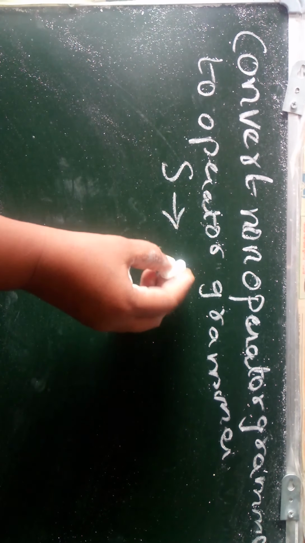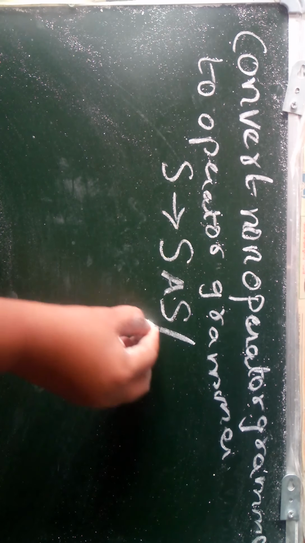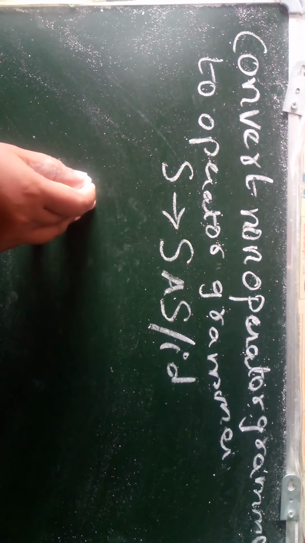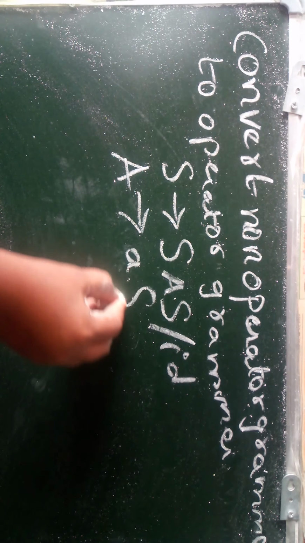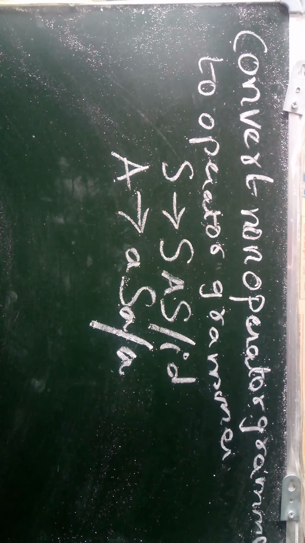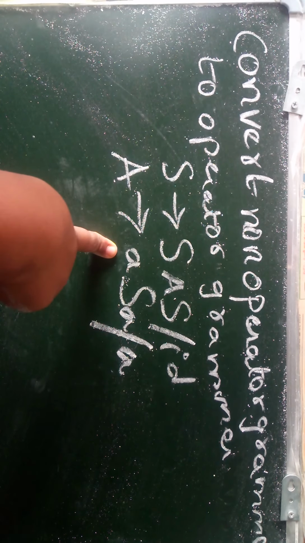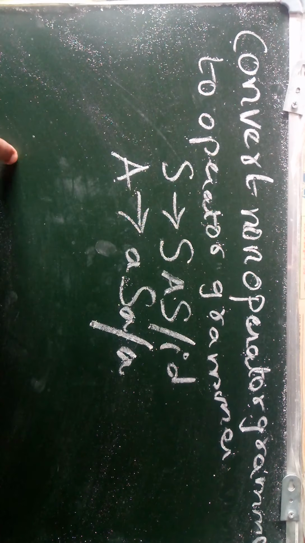S tends to capital S, A, capital S, and ID. Next expression, capital A produces small a, capital S, small a, or A. Then we have to convert this non-operator grammar to operator grammar.